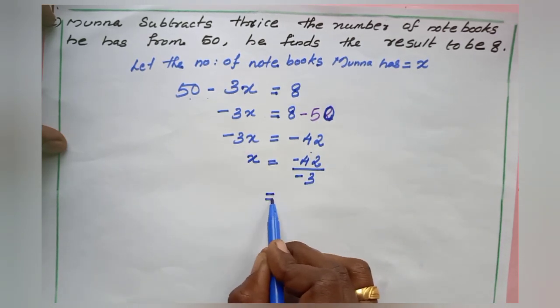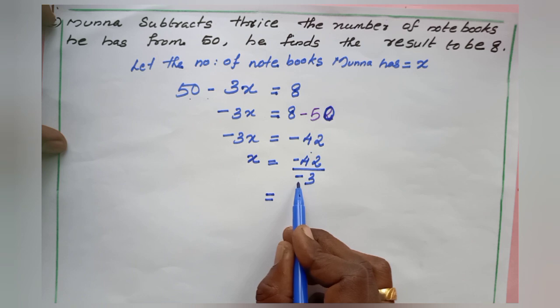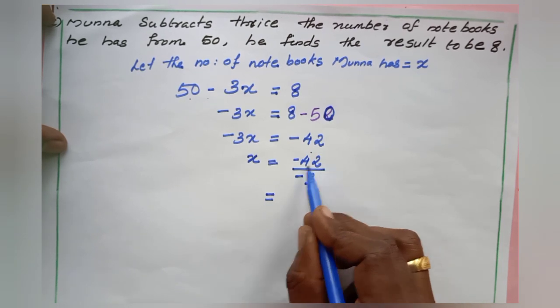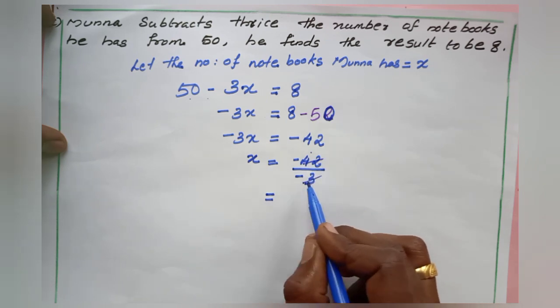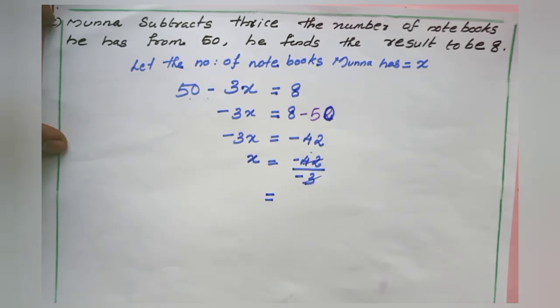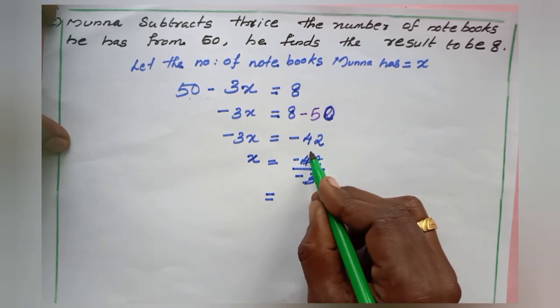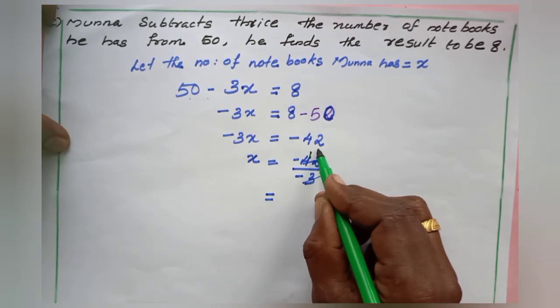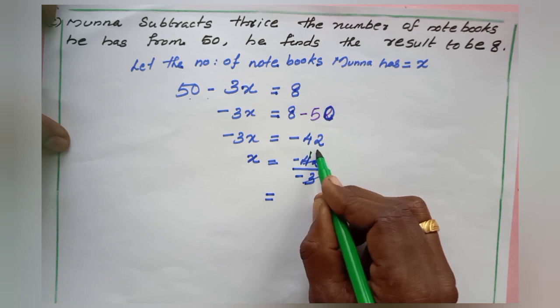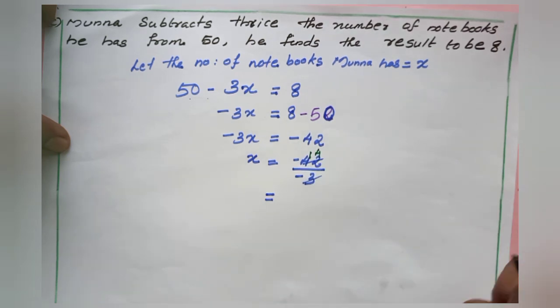Negative divided by negative is positive. 42 divided by 3: 4 threes are 12, so we get 14.